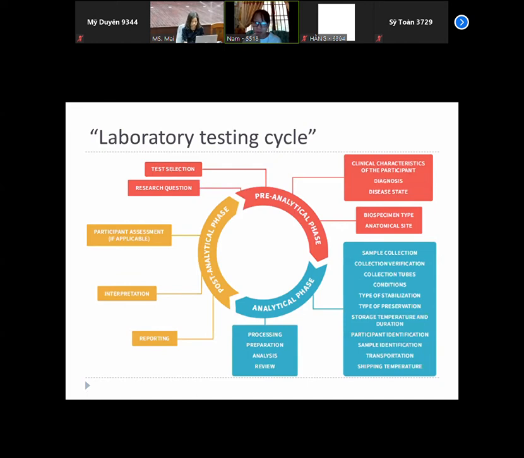The analytical phase is for testing. In this period, the technicians or the doctors will look at the specimen under the microscope to see if there is anything wrong in your blood or your urine.